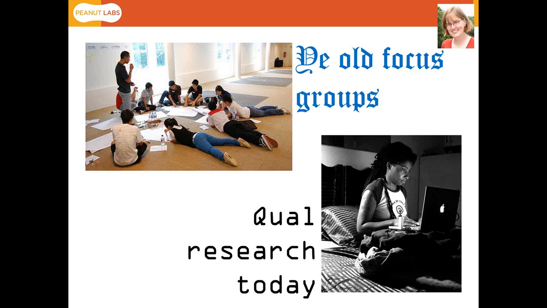But so much qualitative research is being conducted online now. We can't see people's faces. We don't always see their body movements. What we're really seeing is words on the page. So we have a problem. It can be very difficult to tell whether the word choices that different groups have are because of the product or because of the demographics.